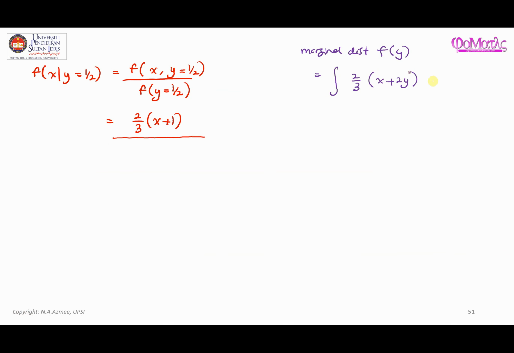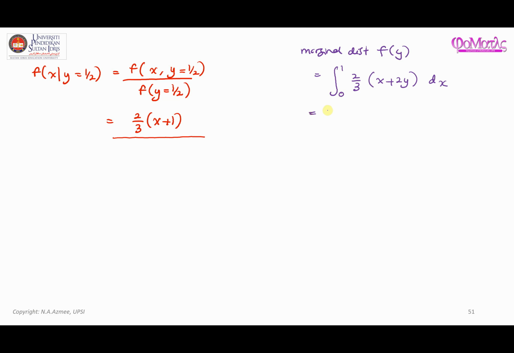If you want the marginal distribution of y, you have to integrate with respect to x, with limits 0 and 1. That's how you can find the marginal distribution of y, which I have already explained in the earlier videos.